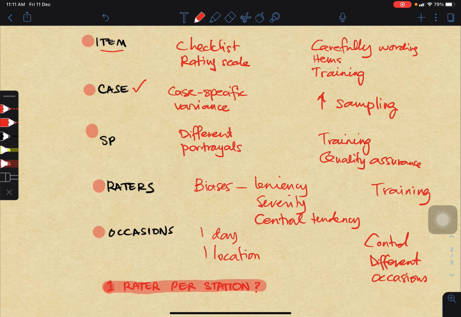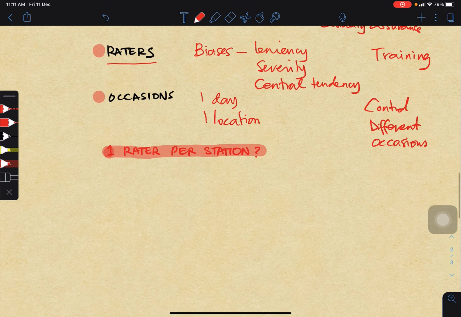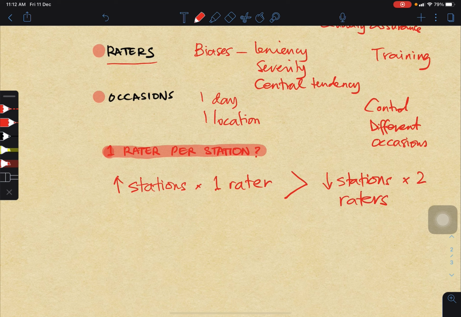It means that the difference in cases is a much more important source of error, and therefore looking at sampling is a better strategy compared with trying to reduce the variance from raters by increasing their number. So having more stations with 1 rater is better than having fewer stations with 2 raters.